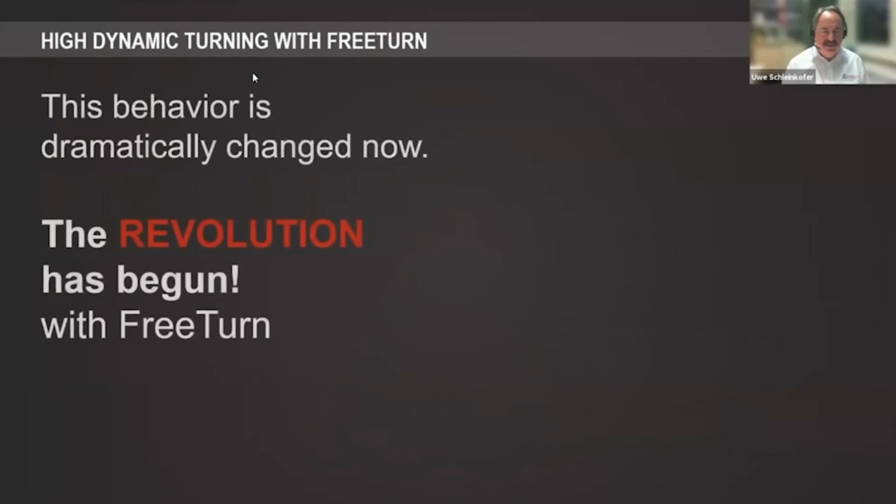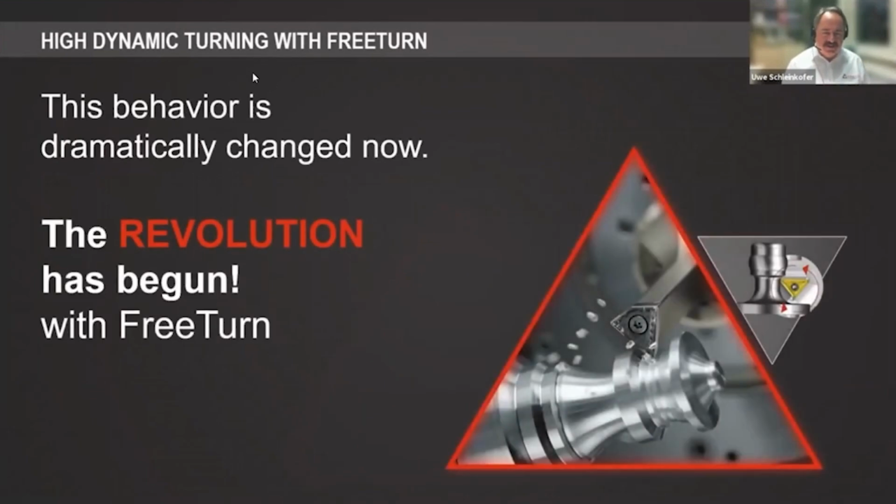And the idea behind that is, how can we change that by using existing technologies on the market with regard to the machines which are available on the market. And the revolution is pretty simple.